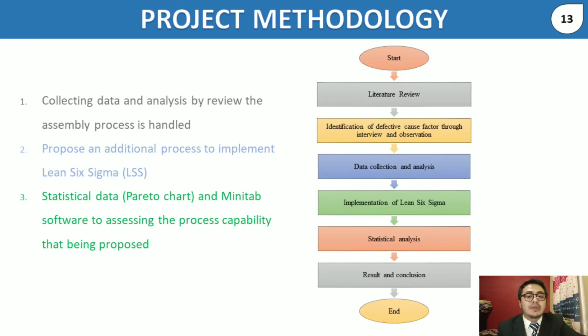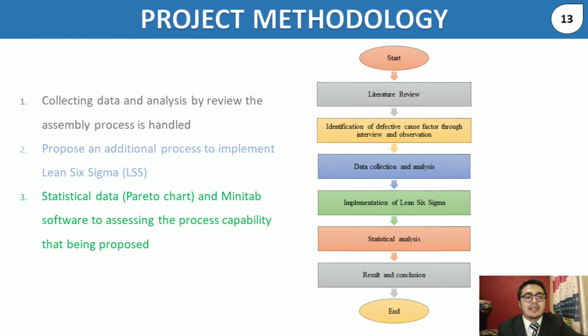The project methodology is a specific procedure or technique used to identify, select, process, and analyze information about a selected topic. It begins with the literature review, which helps to understand the defect issue better.